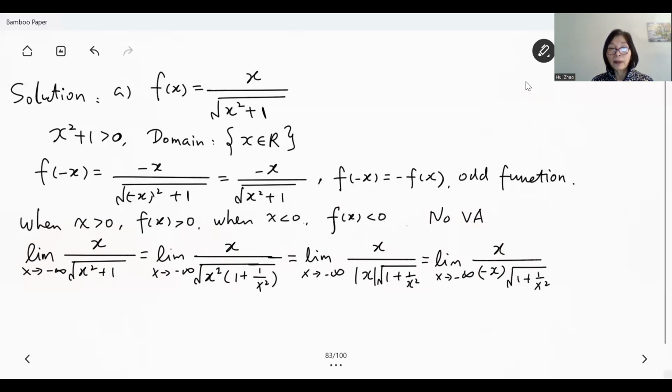So x cancels, and we get negative 1. As x approaches negative infinity, 1 over x squared approaches 0. That means the limit equals negative 1.